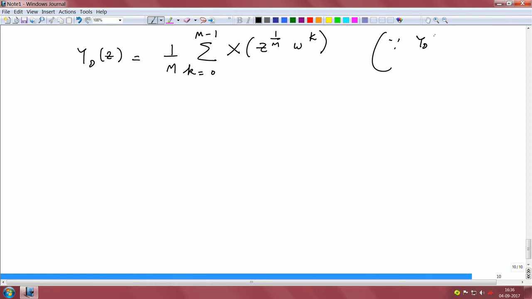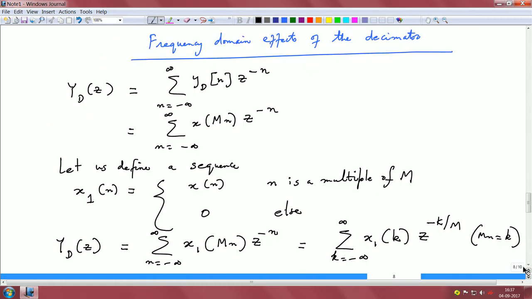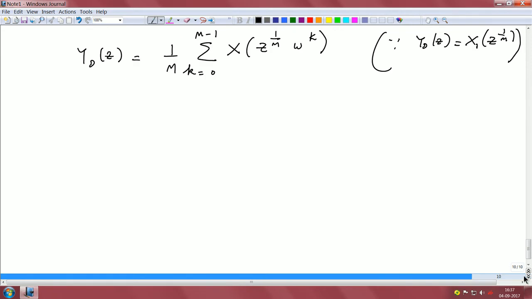Because Yd of z is X1 of z power 1 upon m. Just go back here and look at this equation. Yd of z is X1 of z power 1 upon m. We will see this 1 upon m here, right, because of this relationship.